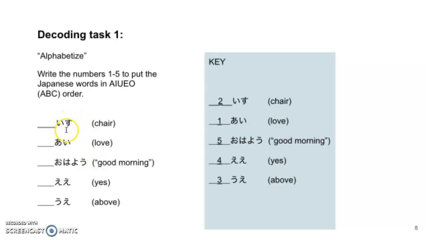So the students see words that they may or may not know, it doesn't matter, but the point is to prove that they know the sound of the first symbol of the word and number these in alphabetic order. Here is the correct answer, and this shows me that when they see the symbol, they know in their head what the sound is.